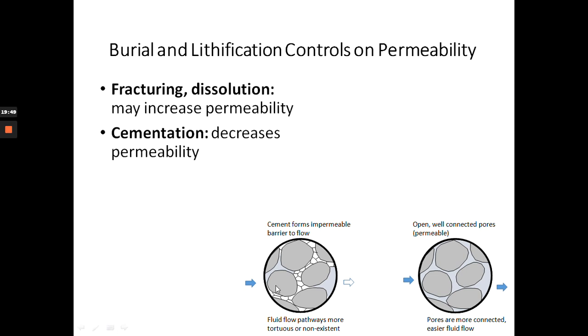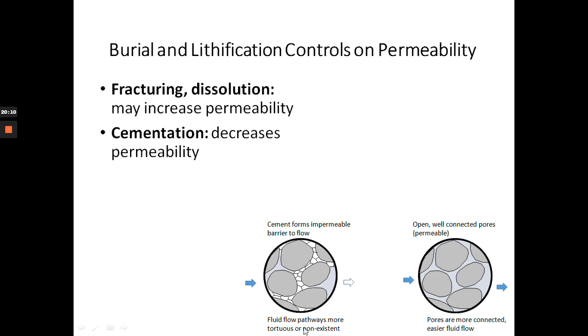For example, you start with a cemented sandstone here, right? So you have grains of sand, you have pores, but you also have some cement in between. So in this case, fluid cannot flow from one point to another because you have cement in between. It's impermeable, right?